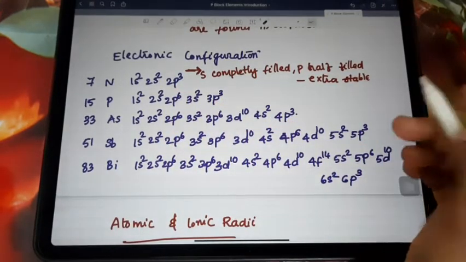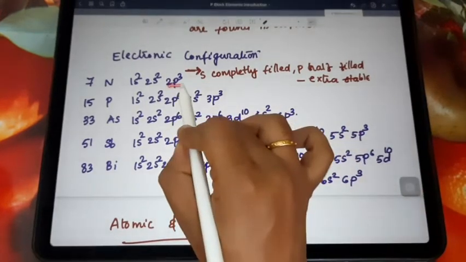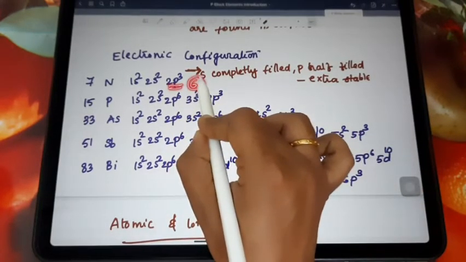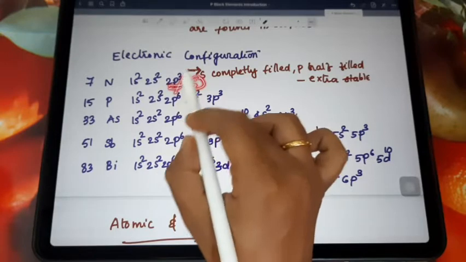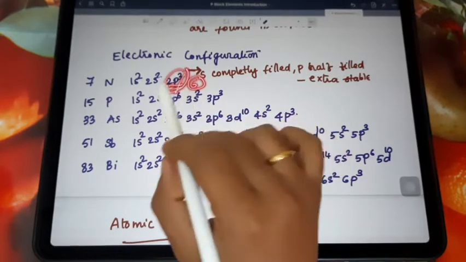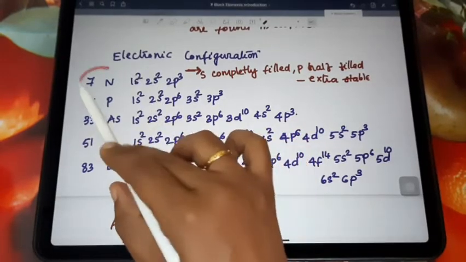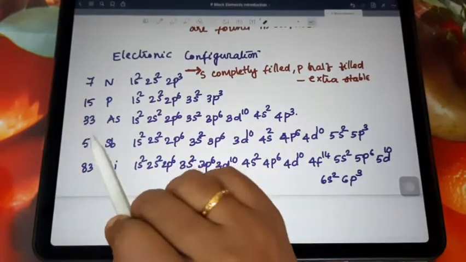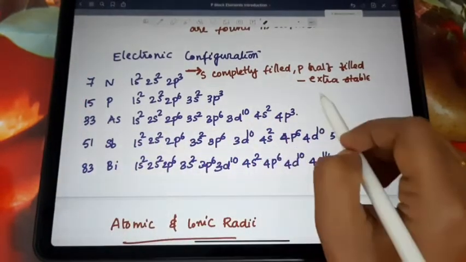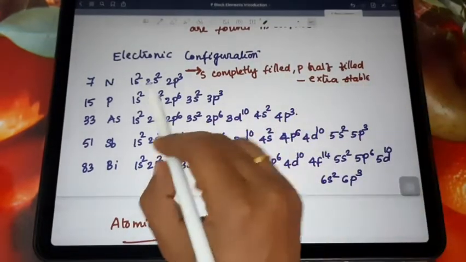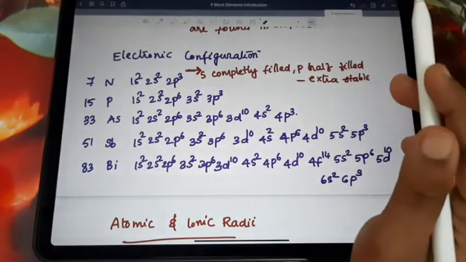What's the meaning of that? It is half filled. The p subshell can accommodate a maximum of 6, but it is filled with 3, that means it is said to have half filled stability. So that's why group 15 elements are said to be extra stable, because of these half filled p orbitals and fully filled s orbital.